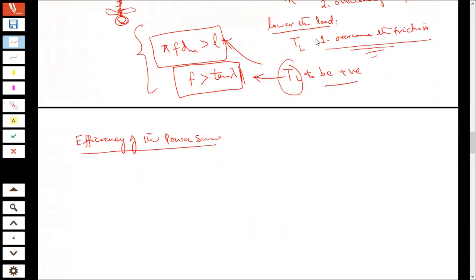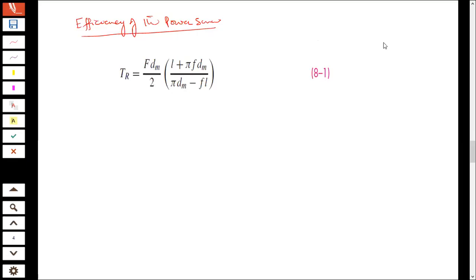I'll rather use this equation. Let me just write that down. So the torque required to raise the load is this one, right?